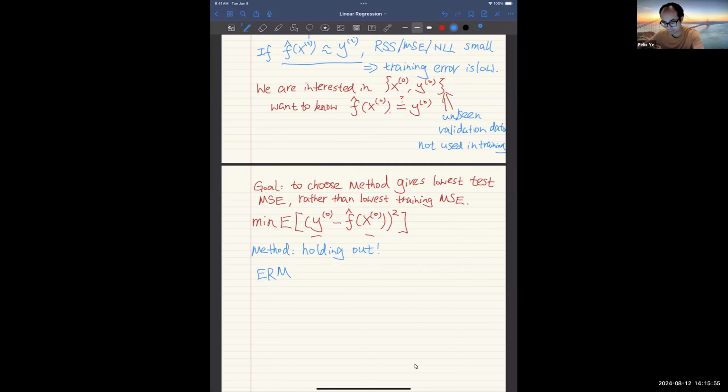What does ERM mean? I think it's called empirical risk minimization.